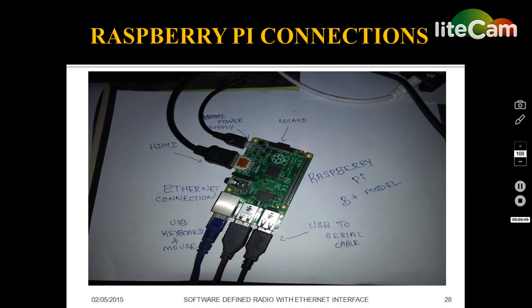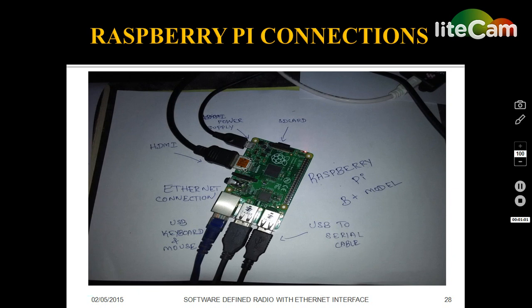Next is the Raspberry Pi connection. In the Raspberry Pi board, we have the SD card slot, then the power supply which is powered up using a mobile charger, then HDMI. This will connect the Raspberry Pi with the monitor. Then the Ethernet connection.